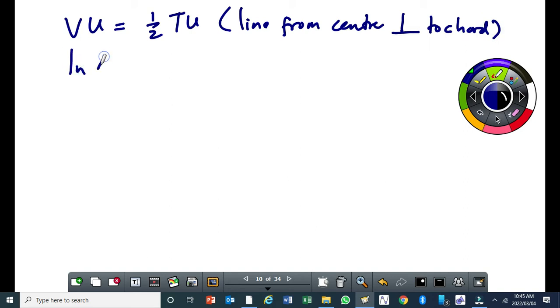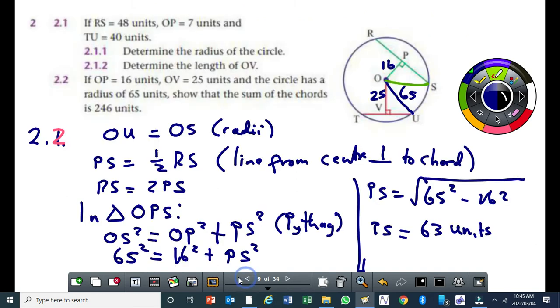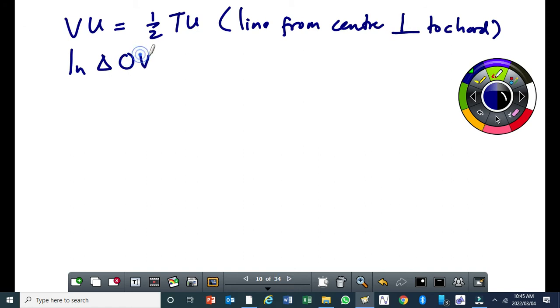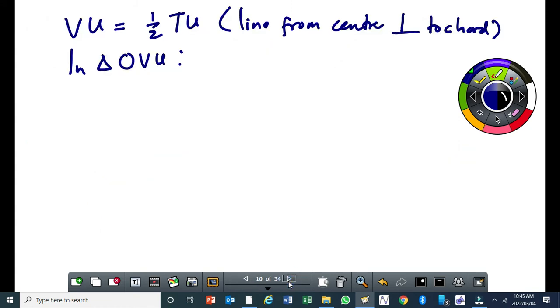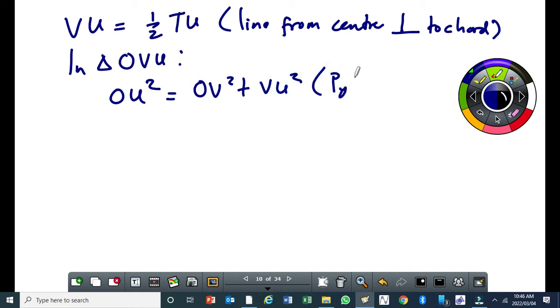Then I'll say in triangle OVU. You can name it the way you want. If I use the theorem of Pythagoras there, I'm going to have OU squared is equal to OV squared plus VU squared. And this is Pythagoras.